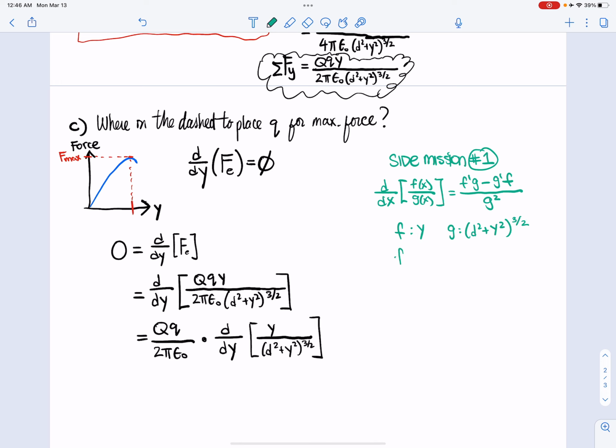So my f prime, the derivative of f, would be 1. And the derivative of g is going to be, I'm going to bring down the power, 3 over 2, times whatever I have inside, which is d squared plus y squared, and then to the power of 3 over 2 minus 2 over 2, which is going to be 1/2. And then chain rule, so I'll have to go inside.